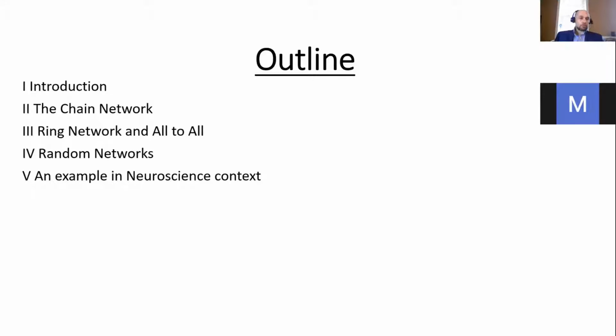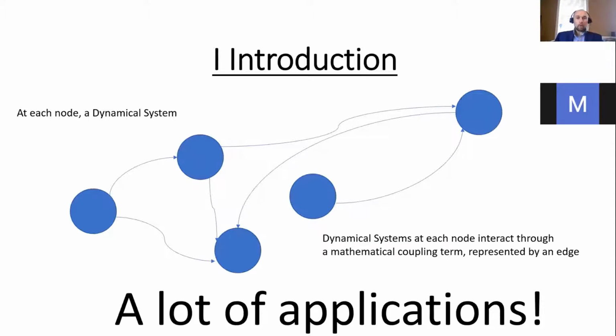So what we are going to talk about today is what? We consider a network, with nodes and edges, and within this course, at each node, we will have a dynamical system.